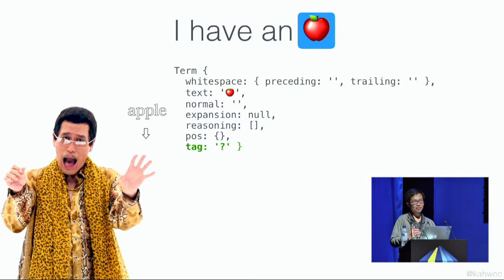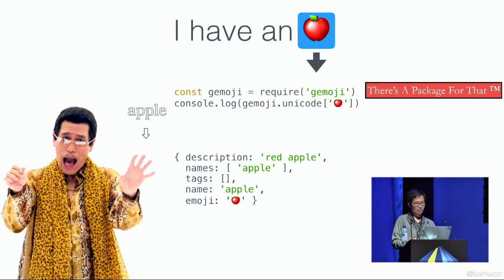When it couldn't find anything representable in its little database, it will assign a question mark because it doesn't know what to do. So we pass it on to an emoji tagger instead. There is a library called Gemoji. I think it might be GitHub emoji, not really sure.